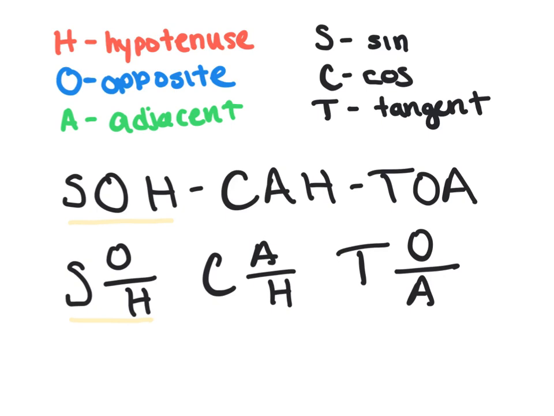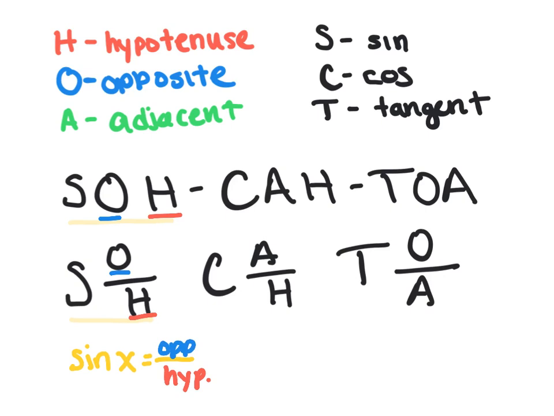So we have that sine of x equals the O over the H. So it's opposite over the H, which is the hypotenuse.